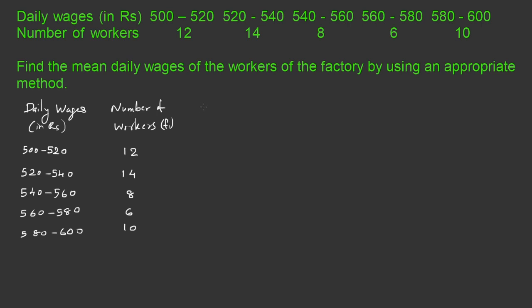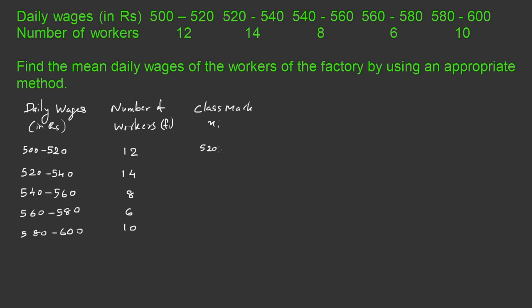First step is to find the class mark Xi. We know class mark is upper class limit plus lower class limit divided by 2.